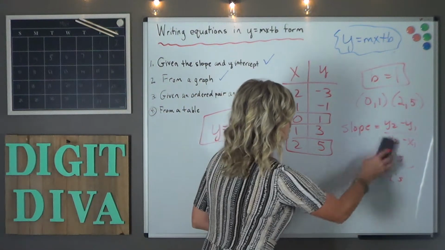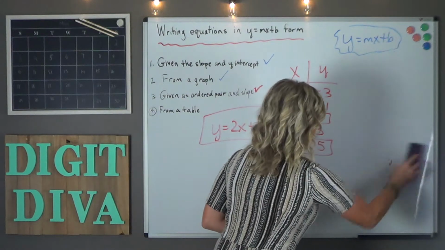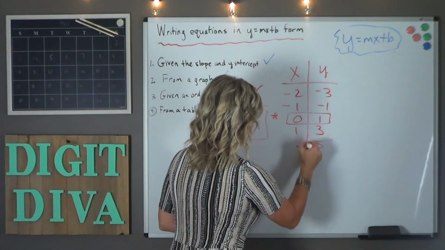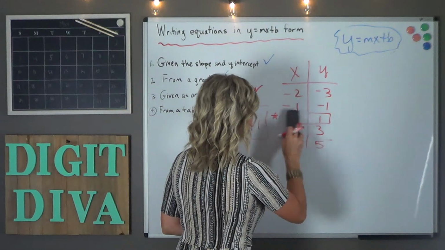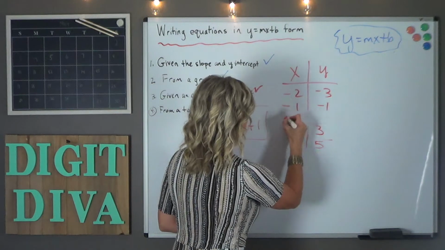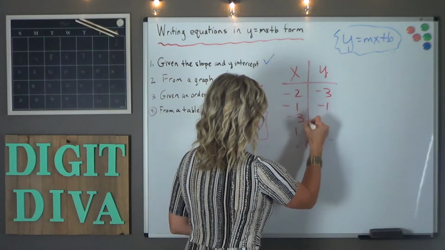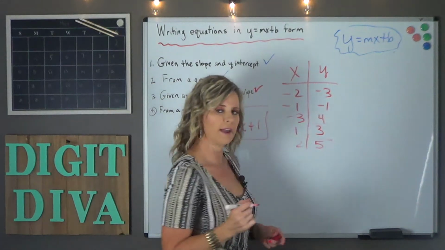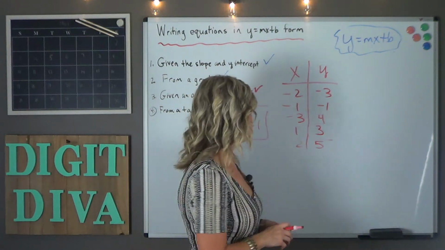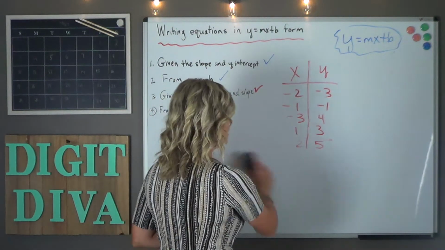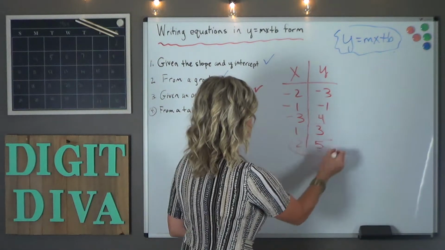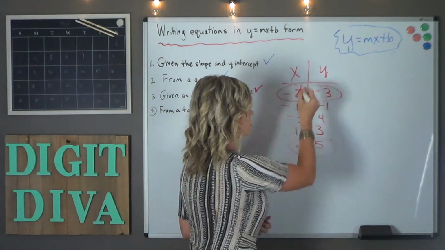I'm going to change this back to 2 and 5, but this time, instead of having that 0, let's say it was negative 3 and 4, okay? What are we going to do now if we want to write an equation? Well, I still have to choose two ordered pairs, so I'll choose 2 and 5 again, and negative 2 and negative 3.